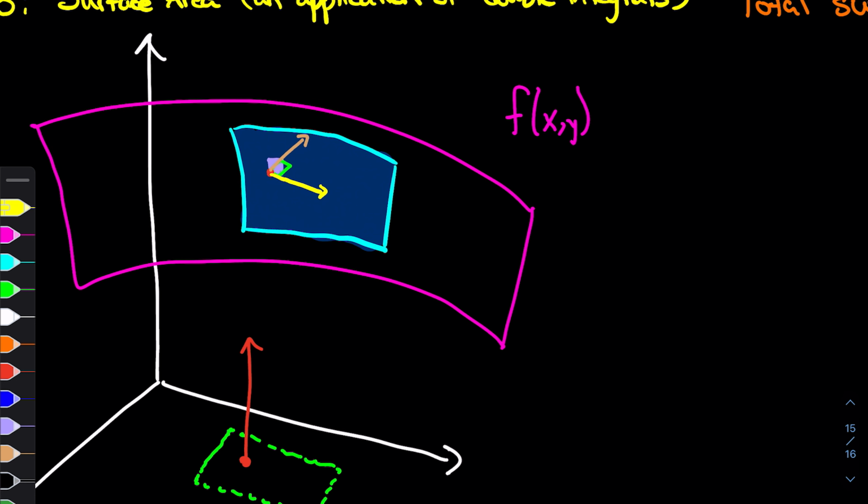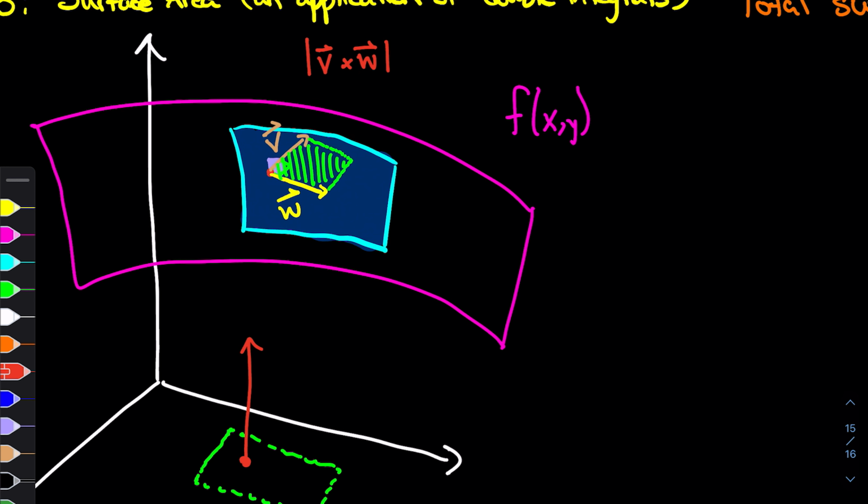And hopefully from Calculus 3, we remember that if we want to determine the area of the region created by this little parallelogram, say this little brown vector is the vector v, and the yellow vector is the vector w, then the area of the parallelogram created between those two is the magnitude of the cross product of those two vectors. That's all we have to do.